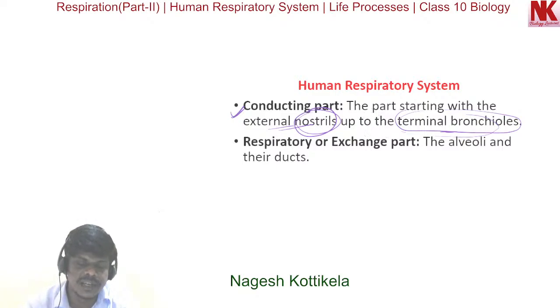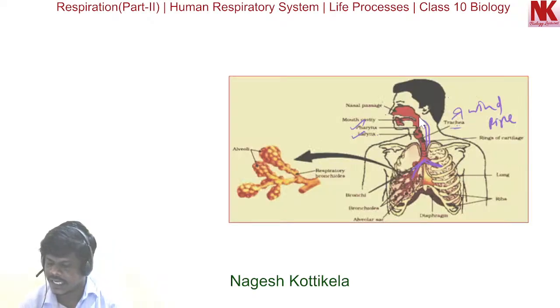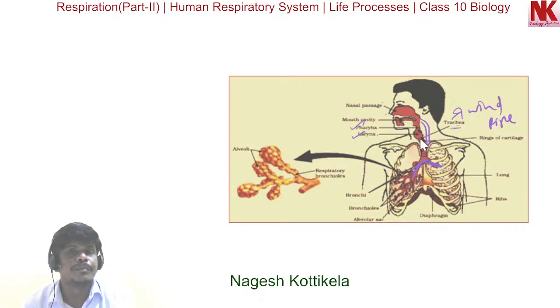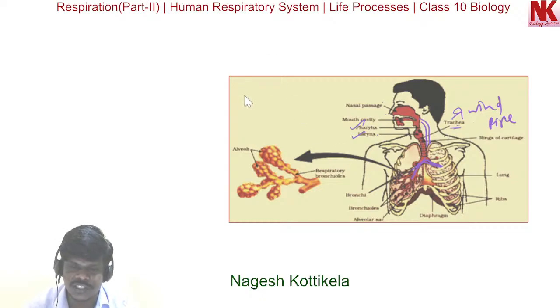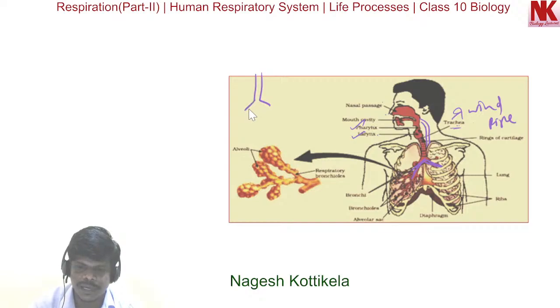Here in the human respiratory system, this trachea is divided into primary bronchi, then secondary bronchi, then tertiary bronchi. If we assume this as a trachea, then the primary bronchi are further divided into secondary bronchi, further divided into tertiary bronchi, then initial bronchioles, then terminal bronchioles.